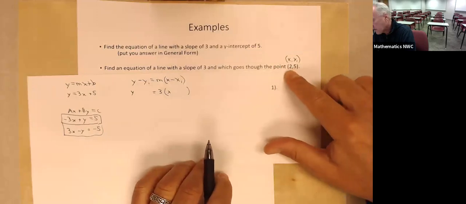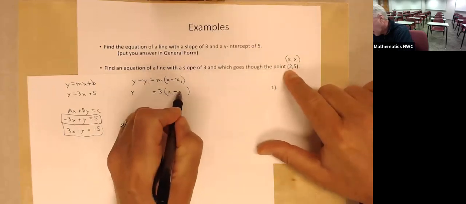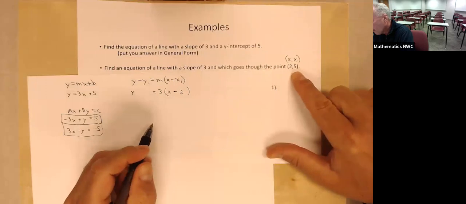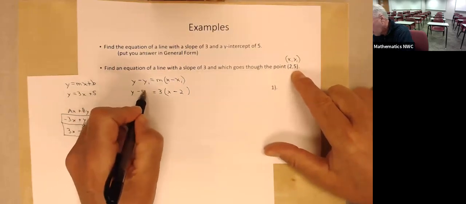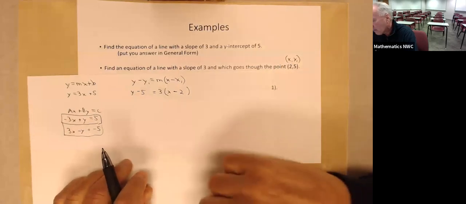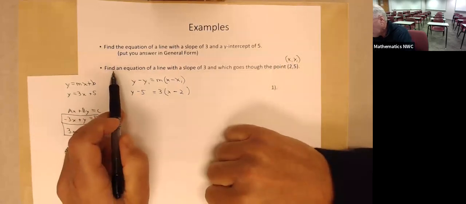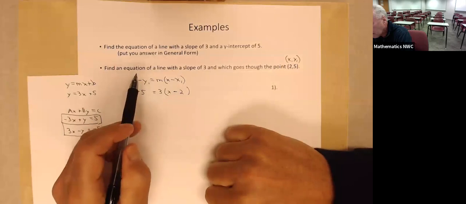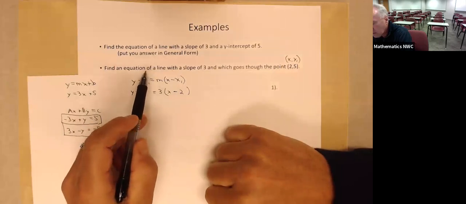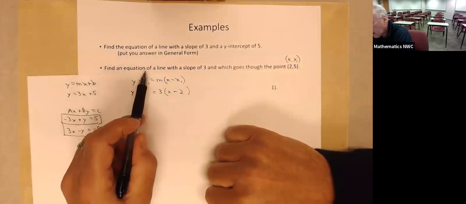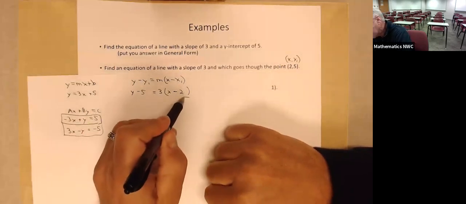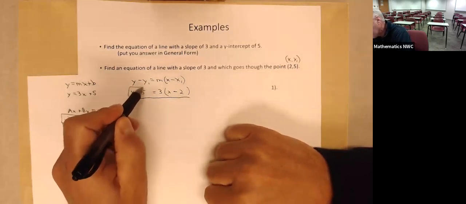So x sub 1 is the 2, which means I'm going to have minus the 2. Y sub 1 is the 5, which means I'm going to have minus 5. It did not tell me in the problem to put my answer in general form or slope-intercept form. It just said write an equation. I could be done right here.